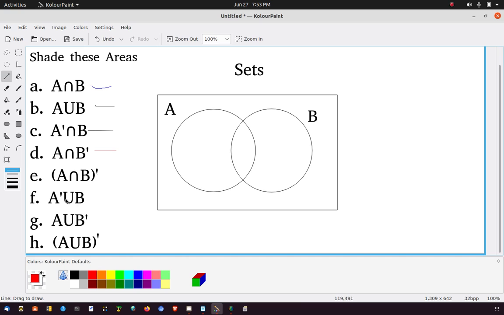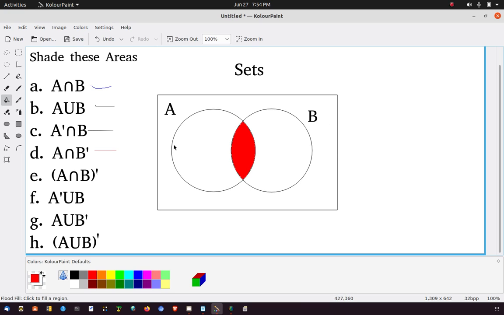Let's move on to the next example. E. We're looking at E. Now, you want A intersect B complement. It means you're going to identify where A intersect B is, and then the complement will be everything except that. So A intersect B, remember it was right here.